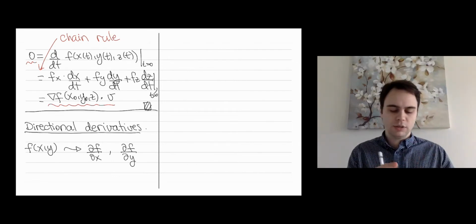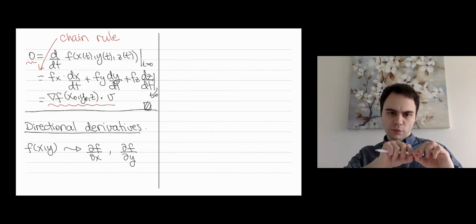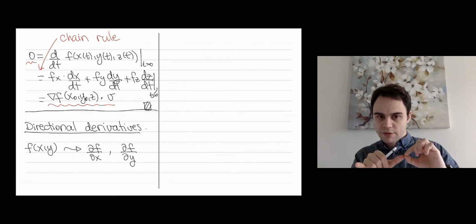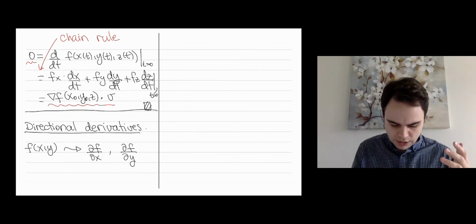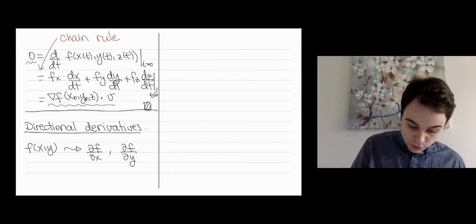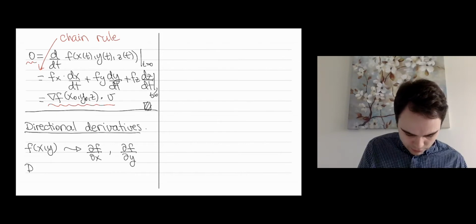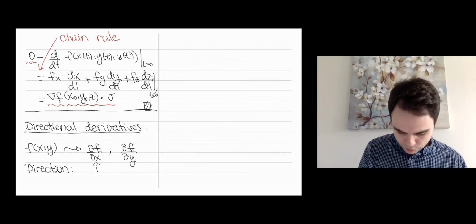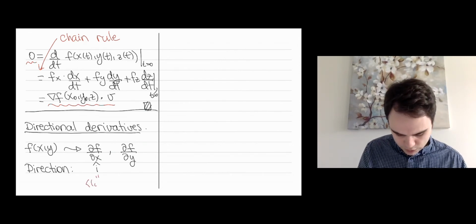So if I move sideways to the right with speed 1, how fast does f change? And the answer is this number over here. And so the direction for the x partial is the i direction, right? Recall this is just the vector 1, 0.